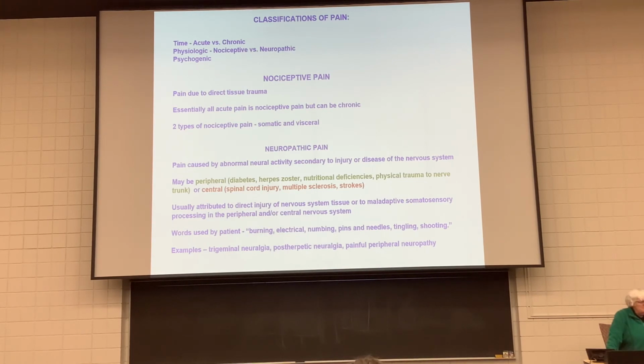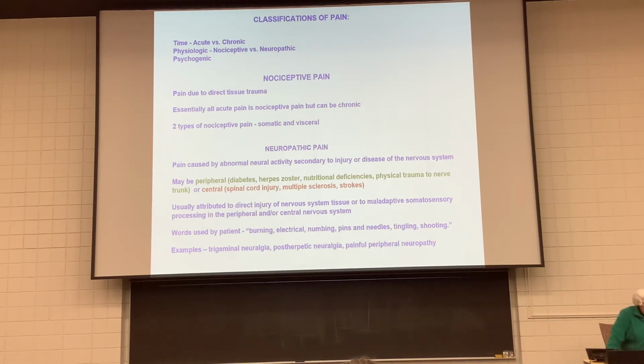And then there's another type that's called neuropathic. And this is beyond just where the injury occurred. Neuropathic pain is generally caused by something going wrong either in the pathway, the signal is not being transmitted properly, or damage to the axons themselves that are carrying the signal.